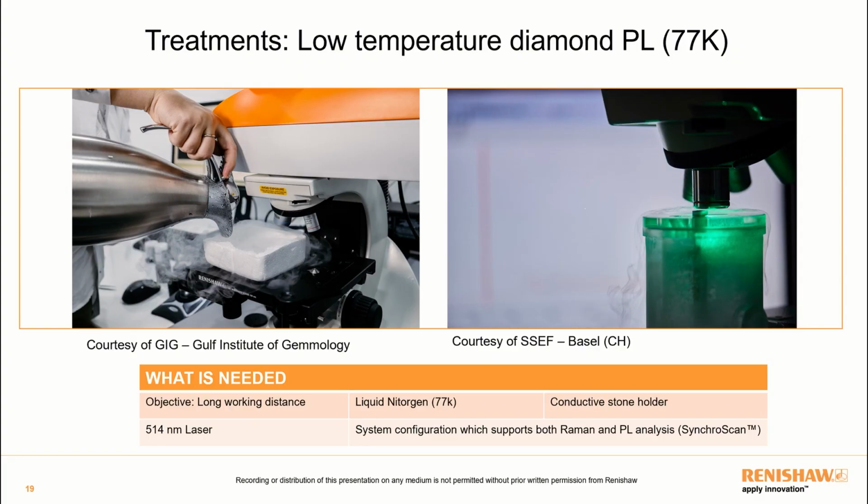But it's also true that the vast majority of gemmological labs have got only one laser in the visible. So in this case, the best laser would be a green laser at 514 nanometers.